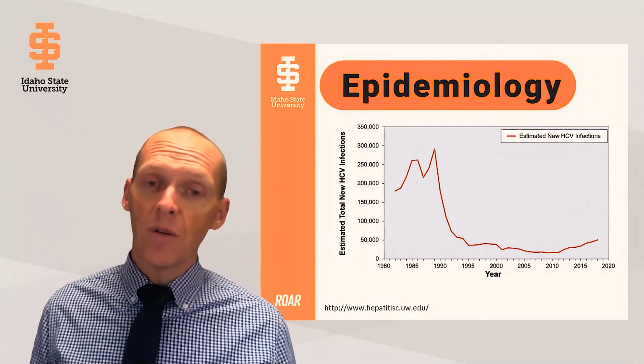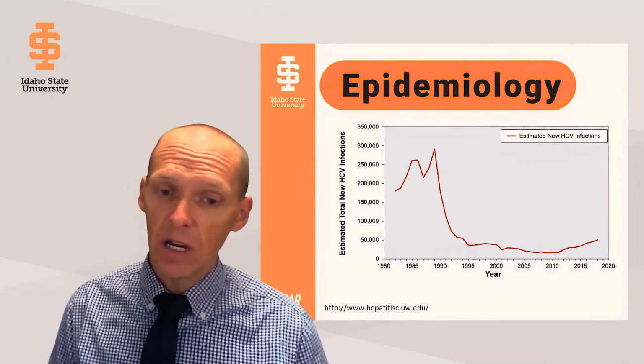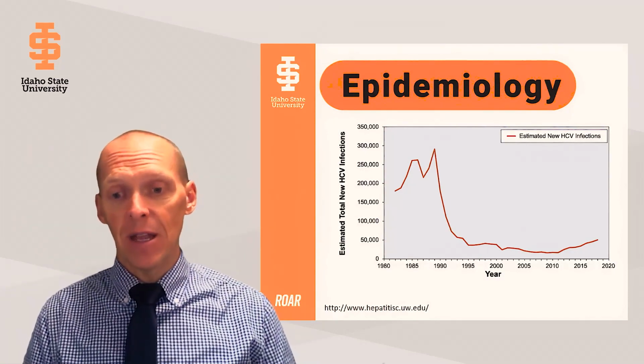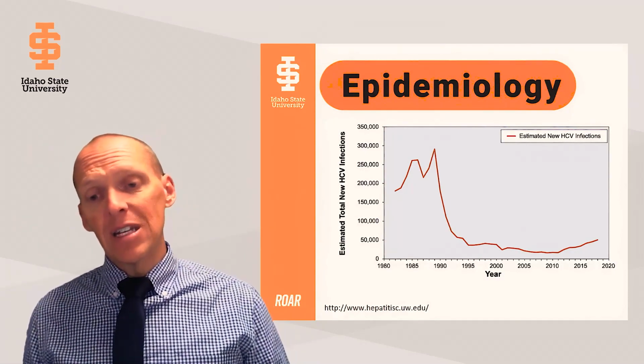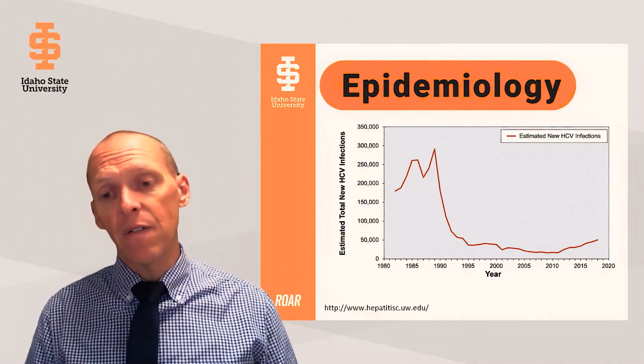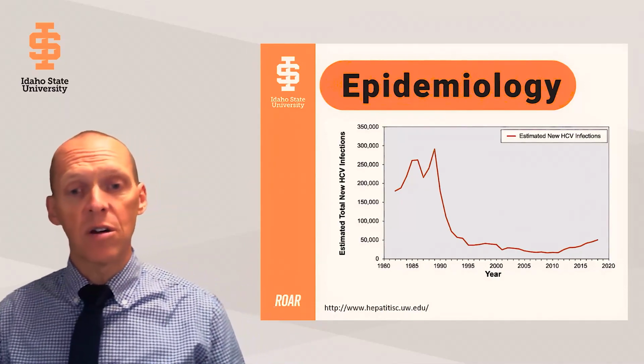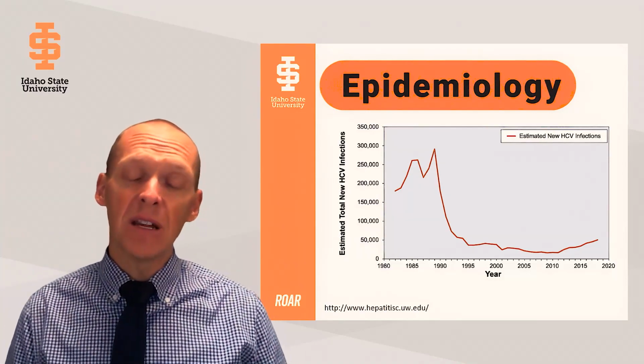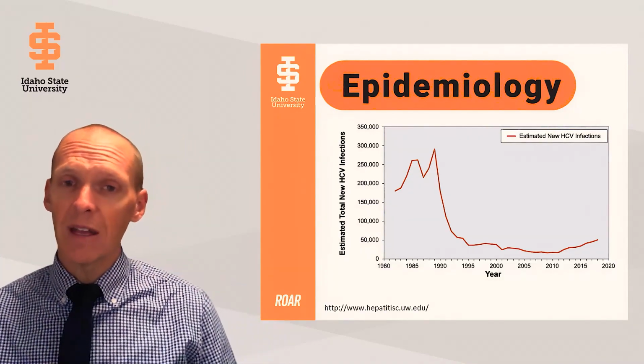And once the blood supply was being screened, we saw a significant drop in transmission of hepatitis C. But as you can see on the tail end of this graph, the slope slowly starts to increase. And that increase has been seen because of the opioid crisis, and we'll look at that shortly.